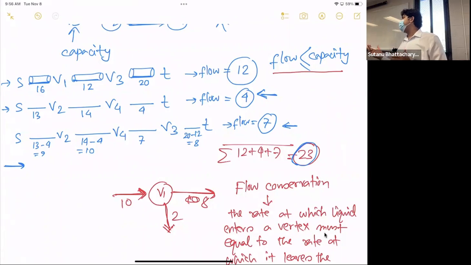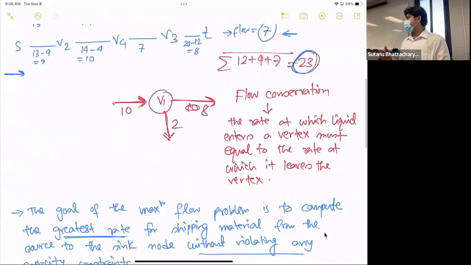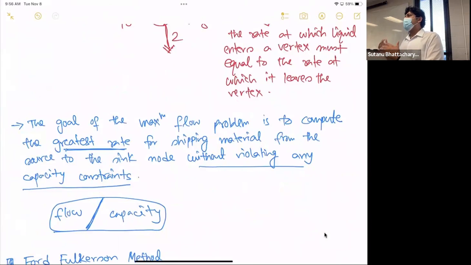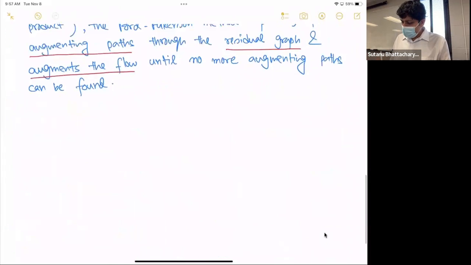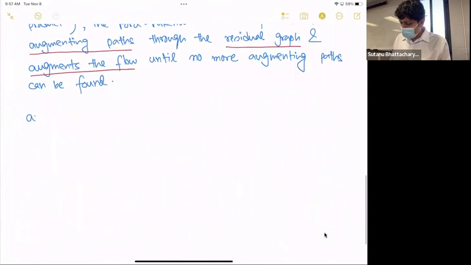Because there is no more valid path, or you may think no more path with capacity more than some value. So an augmenting path means a path with capacity more than zero. If there is a path through which you can supply some material, which is not full, then that is an augmenting path. If it is not full, then you can supply some material through that path, right? So first, let's discuss the augmenting path.